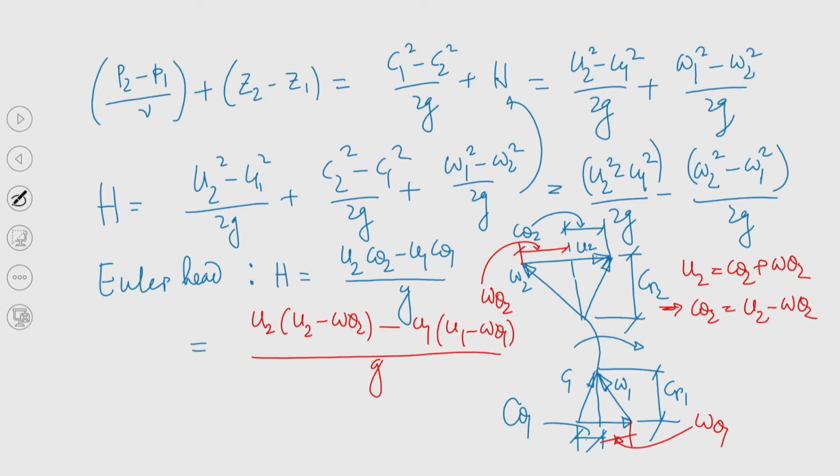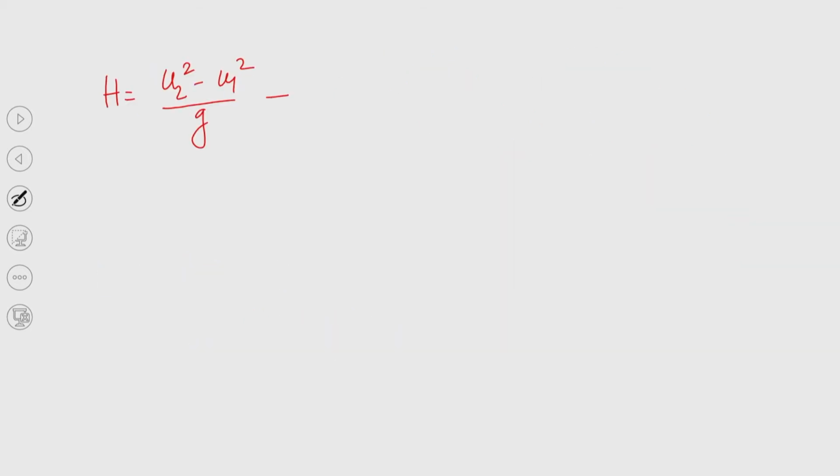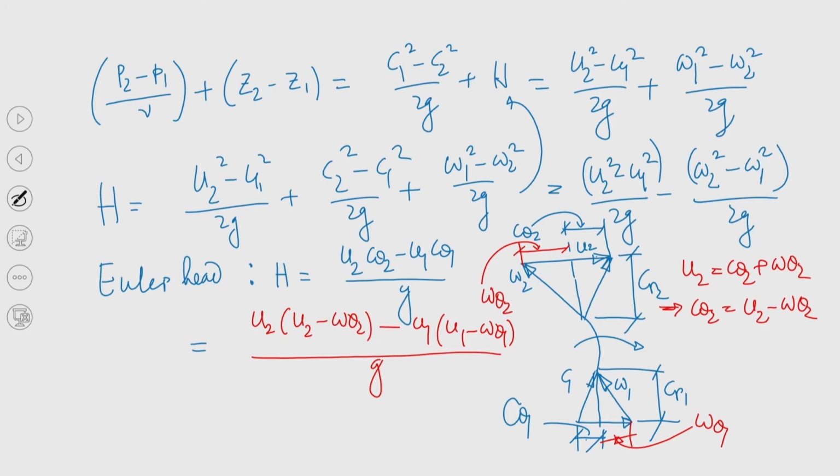If we go back to the previous slide, then u1 w theta 1 minus u2 w theta 2 by g, right. So, that is what we can write, plus u1 w theta 1 minus u2 w theta 2 by g, okay. And again if we go back to the previous slide, say the pump is rotating at an angular velocity omega.